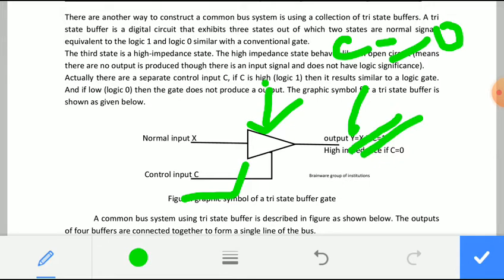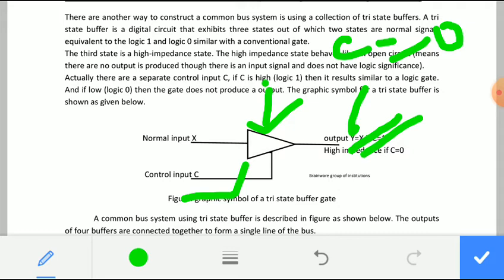We know that in a binary system there are only two values, 0 or 1. When a device is active, it will produce 1. When it is deactive, it produces 0.